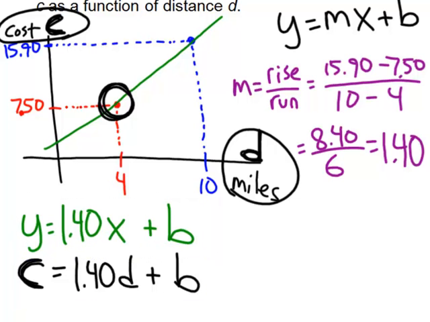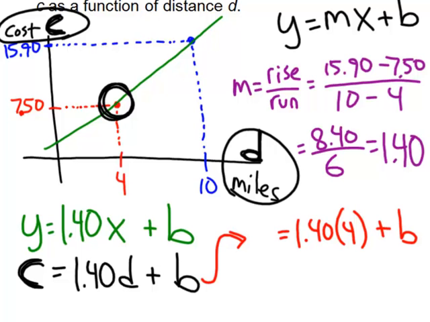So if 4 represents our distance d, let's plug that in here: 1.40 times 4 plus b is going to give us our c value, which is 7.50. Let's quickly solve that equation. 1.40 times 4 is going to give us 5.60.